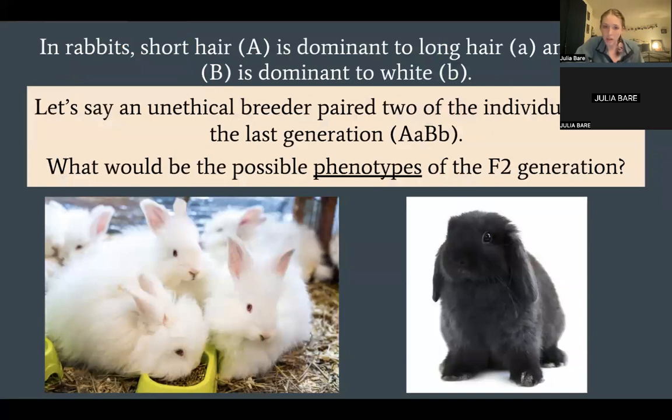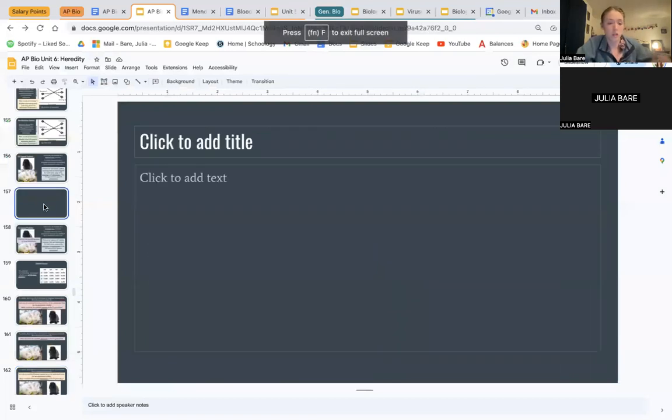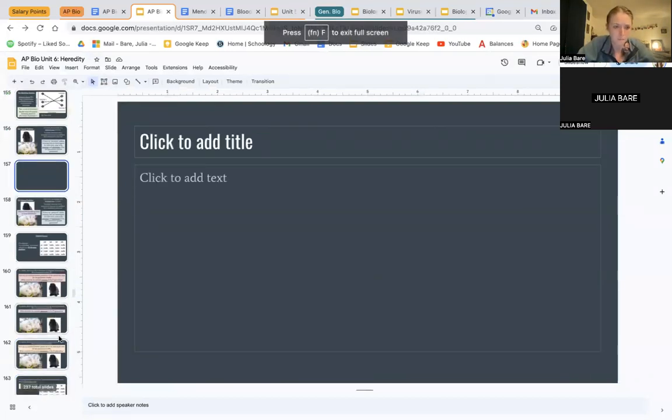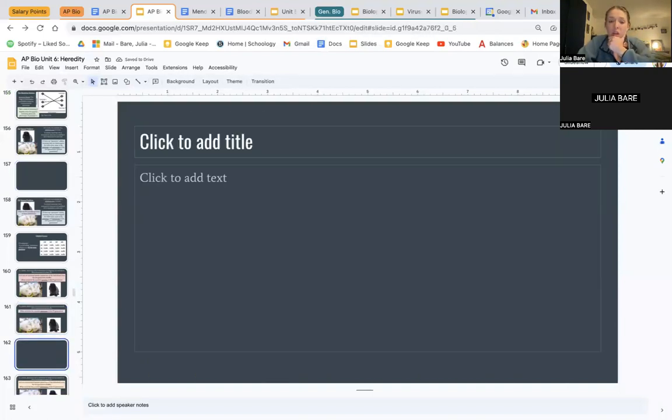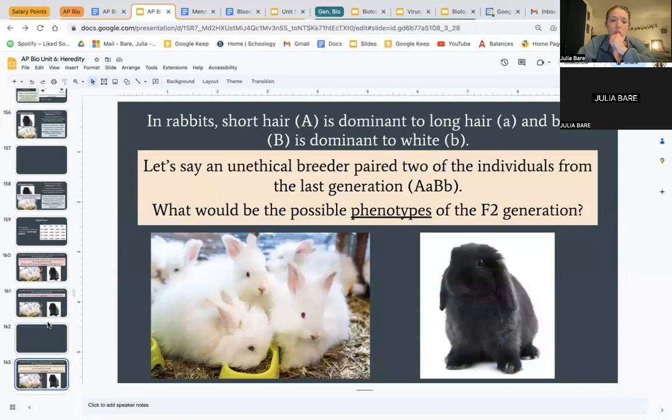So now that we know the gametes, what would be the possible phenotypes of the F2 generation? All right. In order to figure out the phenotypes, let me just quickly reorganize some things a little bit. We need to figure out how this cross would look, right?